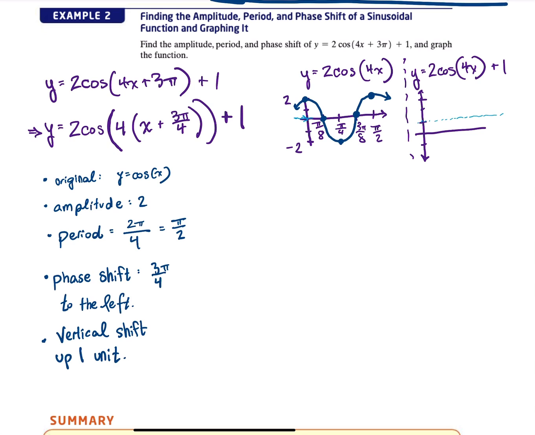And then let's just put in our cosine pattern. So starting at the maximum, oh, and let's label the x-axis too. So we want to go out to pi over 2. This would be pi over 4 in between, and pi over 8, and 3 pi over 8.